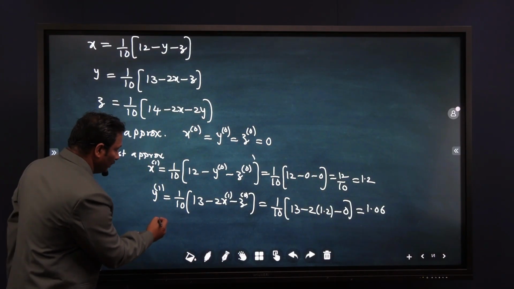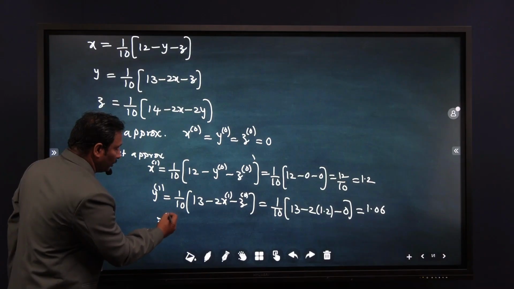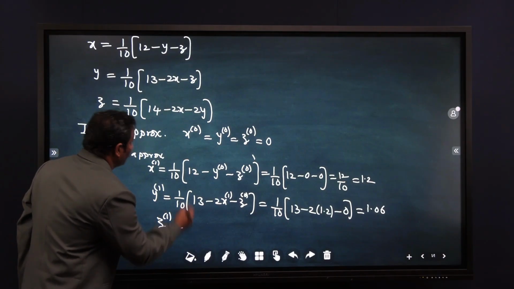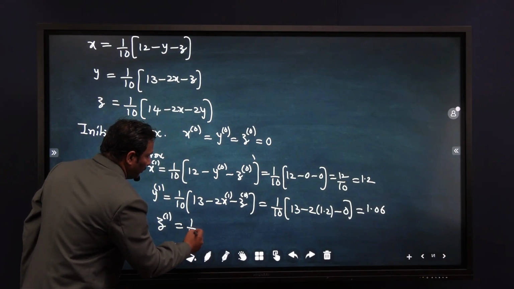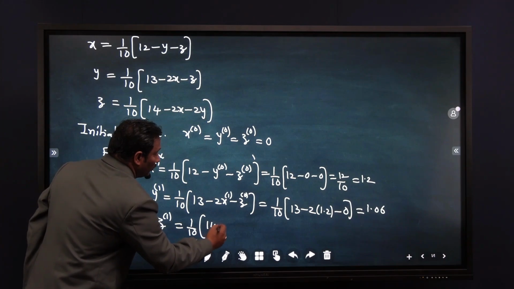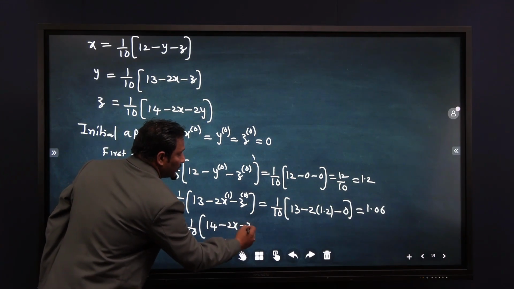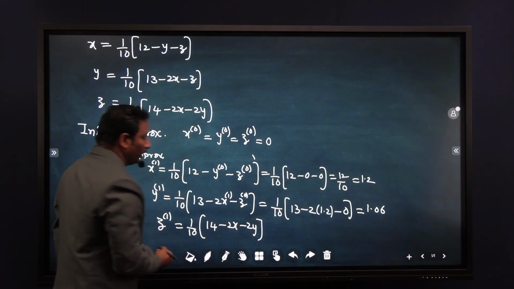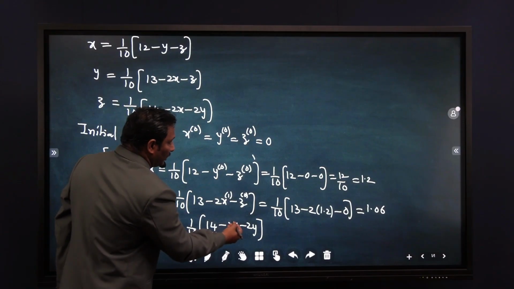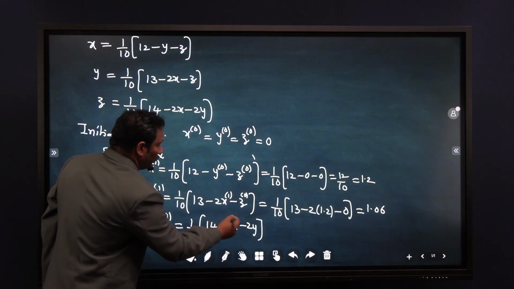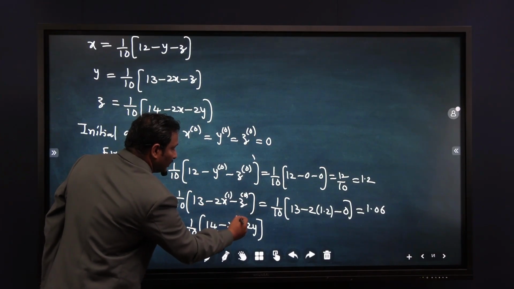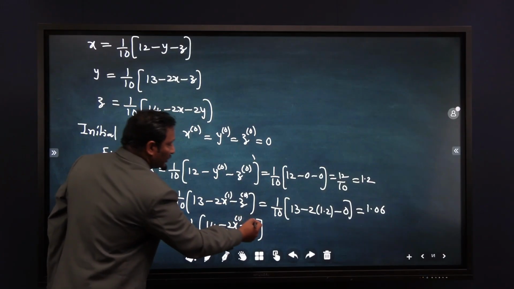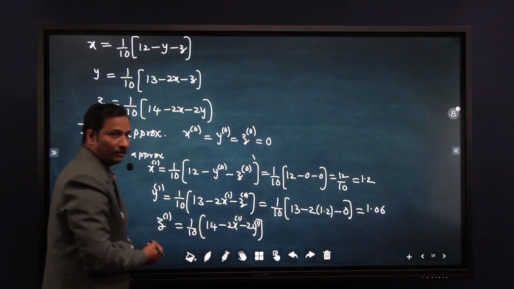Now we find the first approximation of z, which equals 1 by 10 times (14 minus 2x minus 2y). We substitute the already known refined values, the first approximation of x and the first approximation of y.